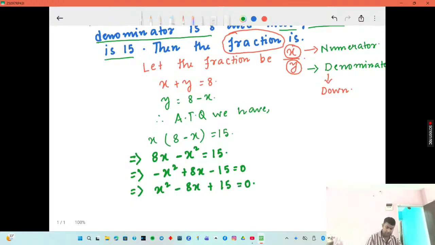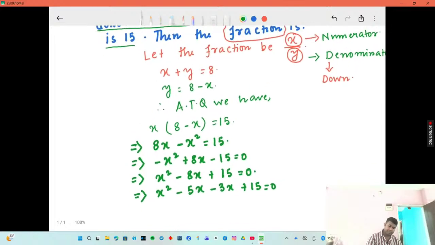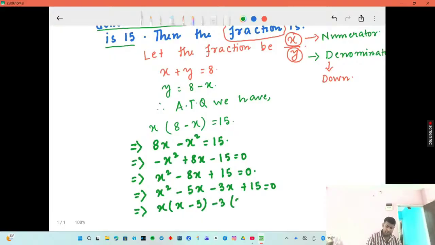So how to solve this equation? x squared minus 5x minus 3x plus 15 is equal to 0. x into x minus 5 minus 3 into x minus 5 is equal to 0. Therefore, x minus 5 into x minus 3 is equal to 0. Therefore, x is equal to 5 and x is equal to 3.